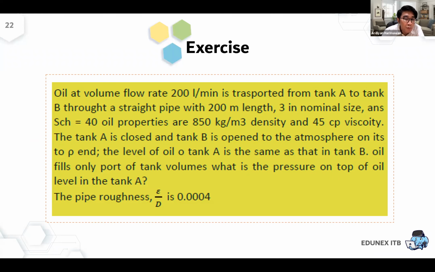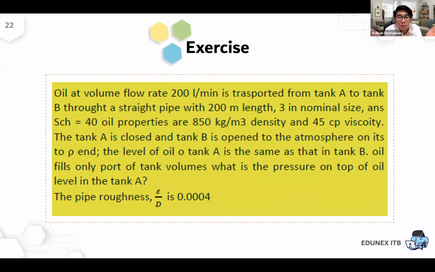Oil at a flow rate of 200 liters per minute is transported from tank A to tank B through a straight pipe with a length of 200 meters. The diameter is not directly given; it is given as a nominal size of 3 inches, schedule 40. The oil density is 850 kilograms per cubic meter and the viscosity is 45 centipoise.